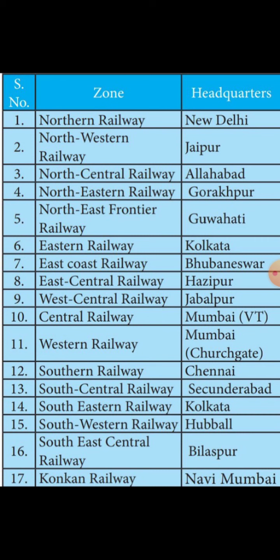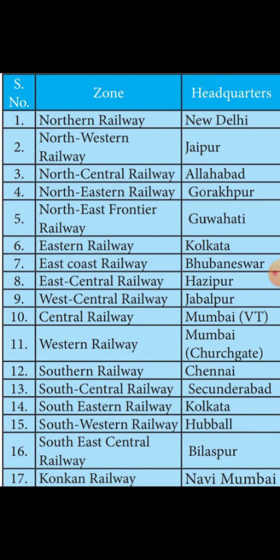North Central Railway, Allahabad. North Eastern Railway, Gorakhpur. North East Frontier Railway, Guwahati. Eastern Railway, Kolkata. East Coast Railway, Bhubaneswar. East Central Railway, Hajipur. West Central Railway, Jabalpur. Central Railway, Mumbai. Western Railway, Mumbai.